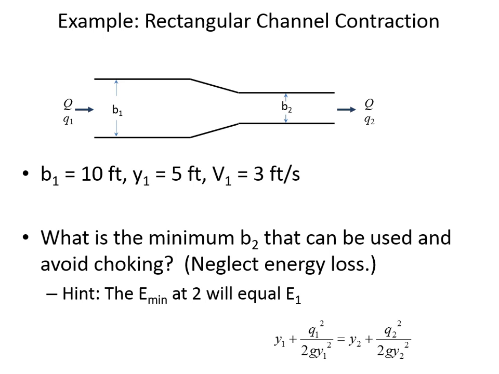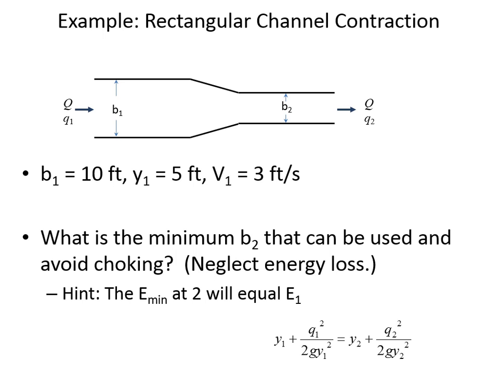Okay, so let's put some numbers into this contraction. What if we have a channel that is 10 feet wide at the first location, has a depth of 5 feet, and a velocity of 3 feet per second? So I'd like you to actually work on this one, maybe with a partner. Try and find out what's the minimum width of the channel that could be used to avoid choking. So how far can we taper that down and still be okay?